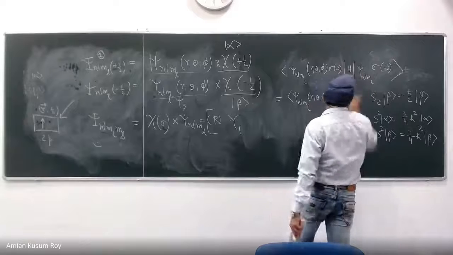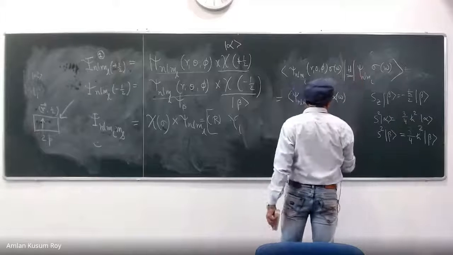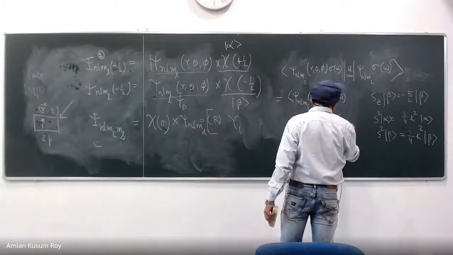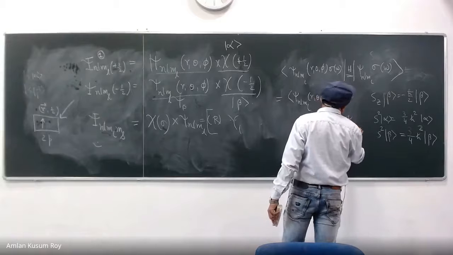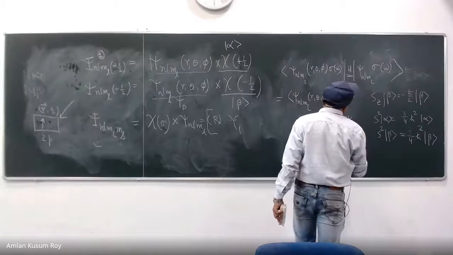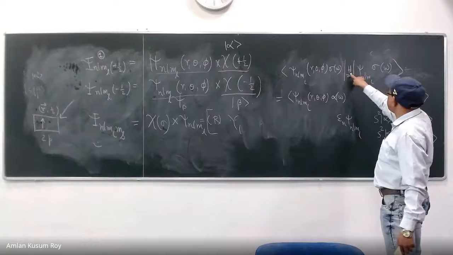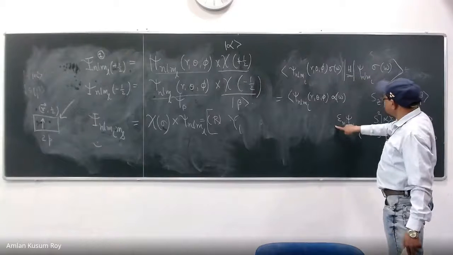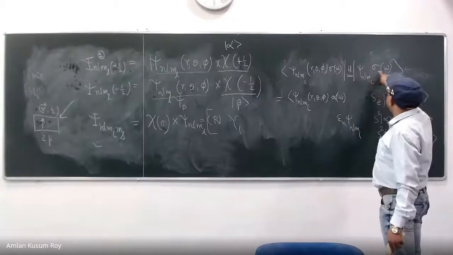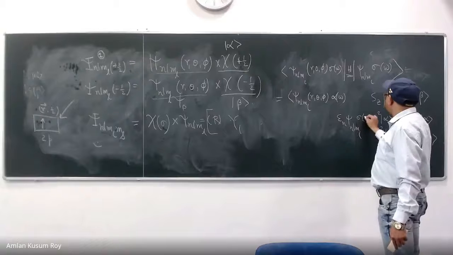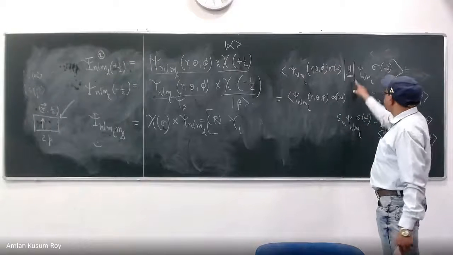And then H will operate on psi. So that will give you En psi, as you know by this time; H operating on the hydrogen atom wave function will give you En times this, and this guy remains as such, sigma omega, because H has no impact on it.